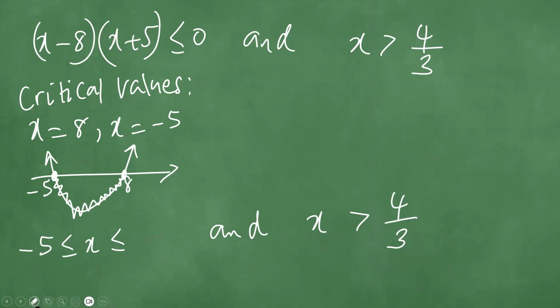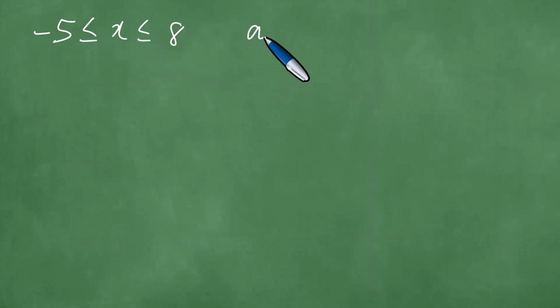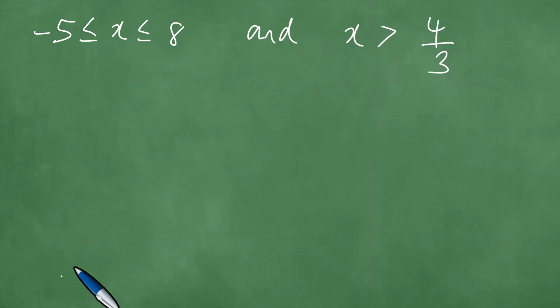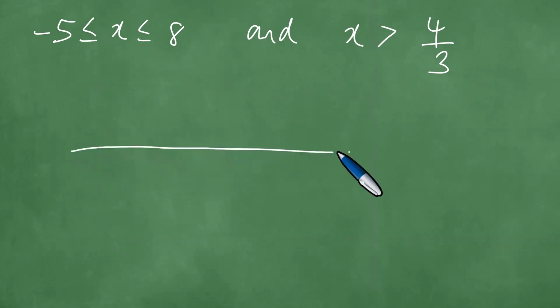We proceed to analyze this question very carefully. We have minus 5 is less or equal to x less or equal to 8, and x is bigger than 4 out of 3. To solve this problem completely, we draw a number line of x values.